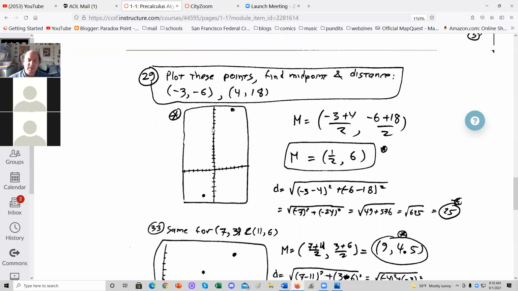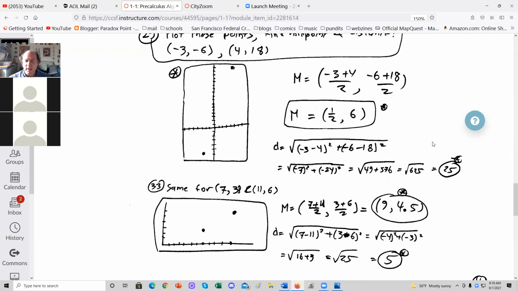Now here they have plot negative 3 by negative 6 and 4 by 18, and find the midpoint and the distance between them. Midpoint: negative 3 plus 4 over 2, negative 6 plus 18 over 2. That's 1/2 by 6. Distance: square root of the sum of squares of differences.